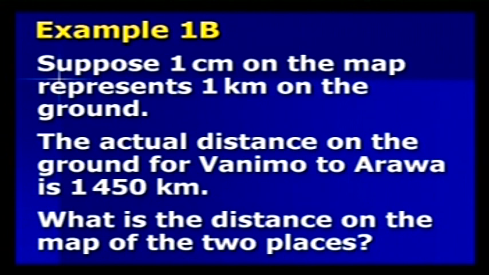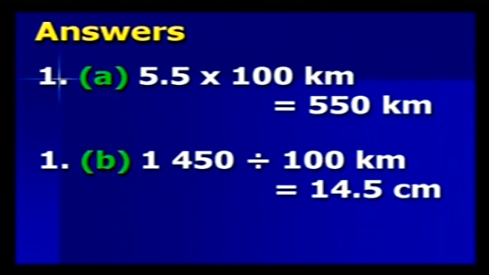So to get the reading on the map, 1,450 divided by 100 is equal to 14.5 centimeters on the map.